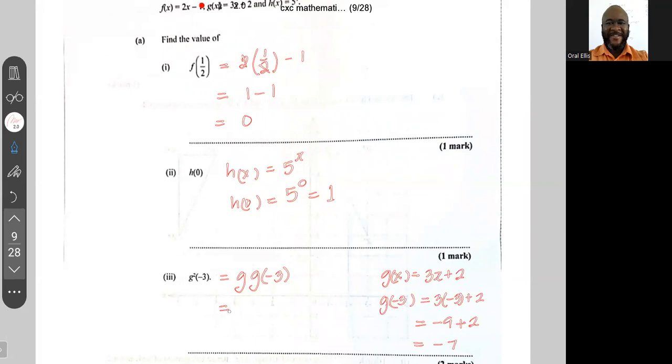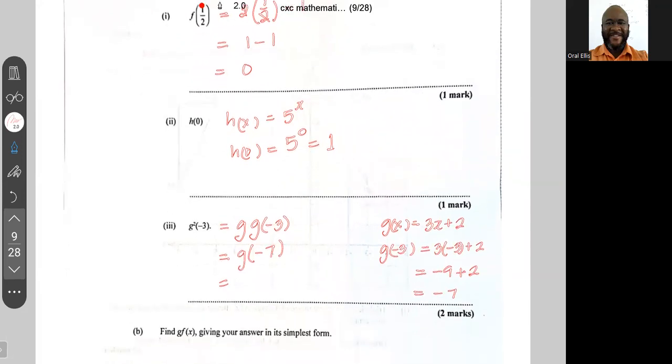So g of g of minus 3 is the same as saying g of minus 7, because g of minus 3 is equal to minus 7. Now, to find g of minus 7, in g, wherever I see x, I'm going to put minus 7.